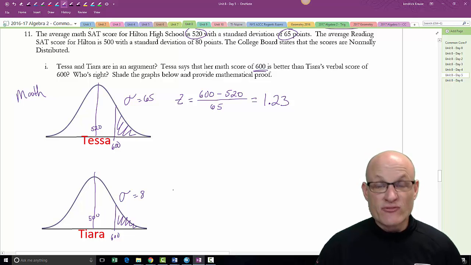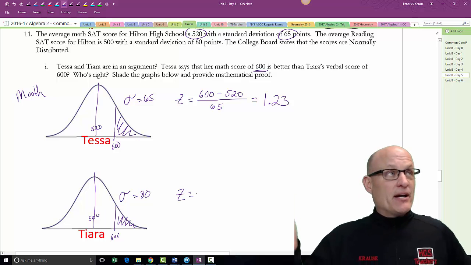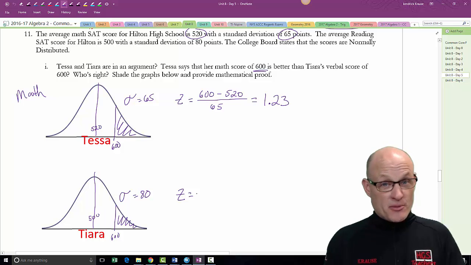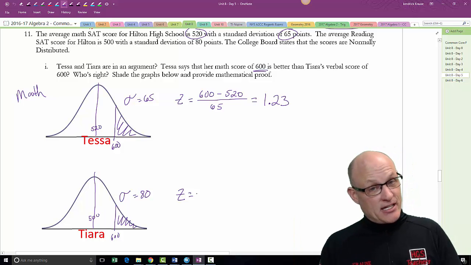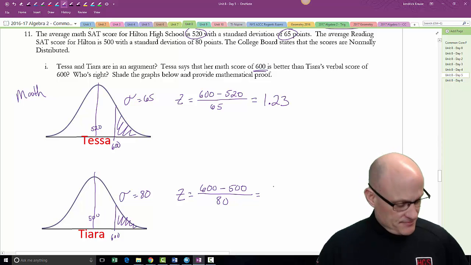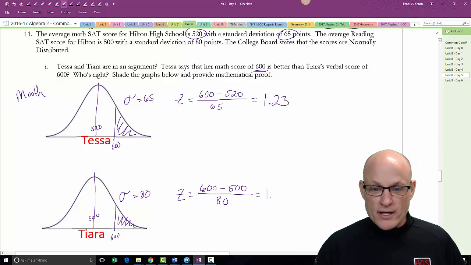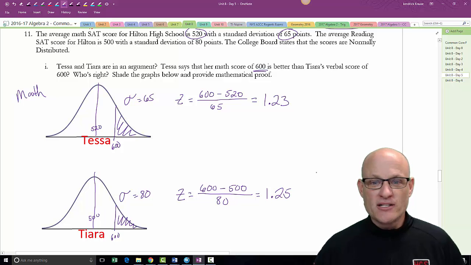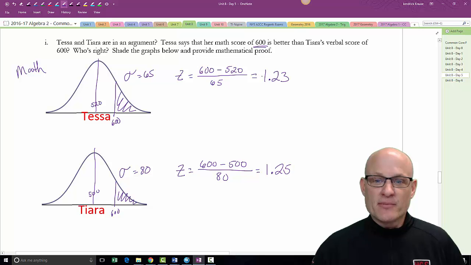All right, so let's convert her 600 to a z-score, because we can't compare the 600 to the 600, but if I normalize them, I can compare z-score to z-score. 600 minus 500 divided by 80. Well, if I compute that, I get a z-score of 1.25.